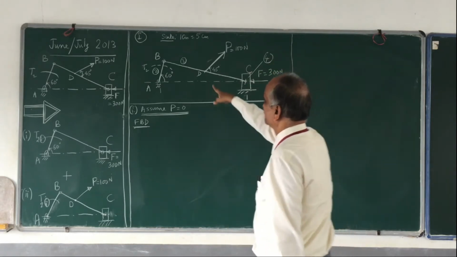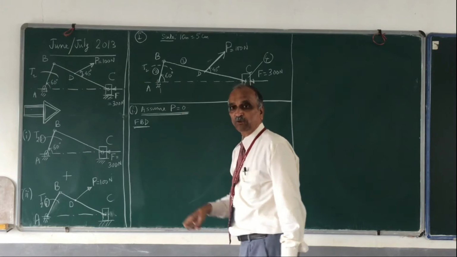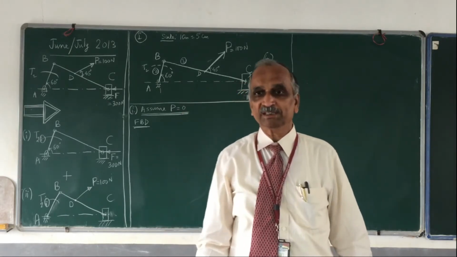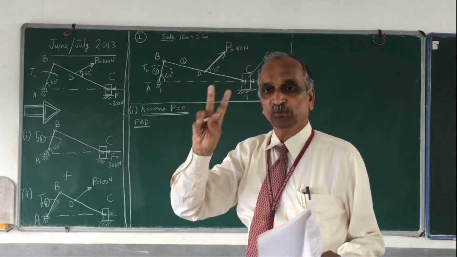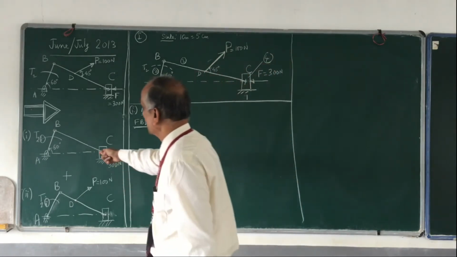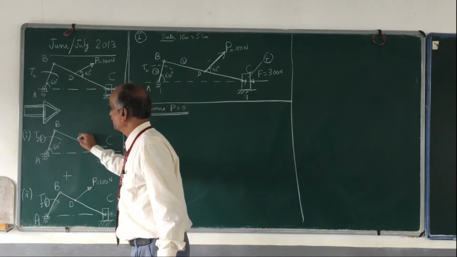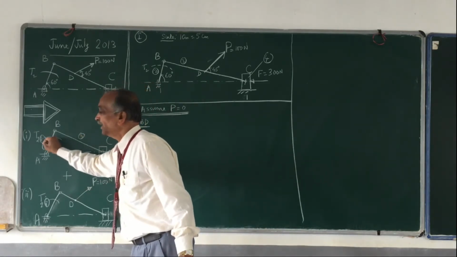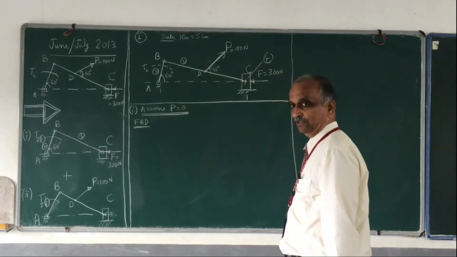Coming to link number 3, with this assumption, P equal to 0, link number 3 is a 2-force system. That is nothing but the problem I am solving. Since link number 3 is a 2-force system, I shall draw its free body diagram first.